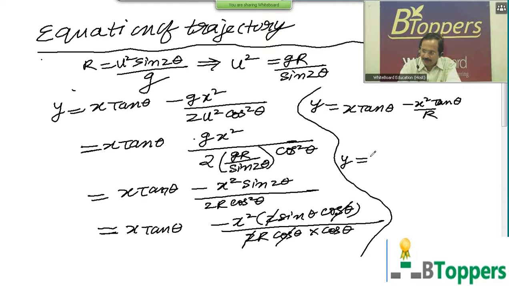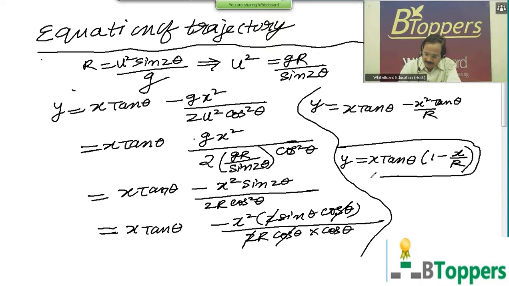So you can write y equal to x tan theta into 1 minus x by R. So that is the equation of the trajectory that can also be written in this manner in terms of the horizontal range R. So in case you are able to remember this equation also, you can solve some of the problems faster.